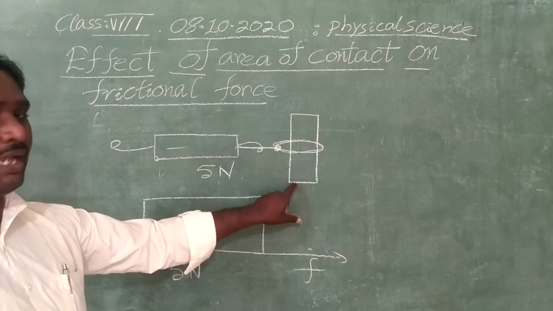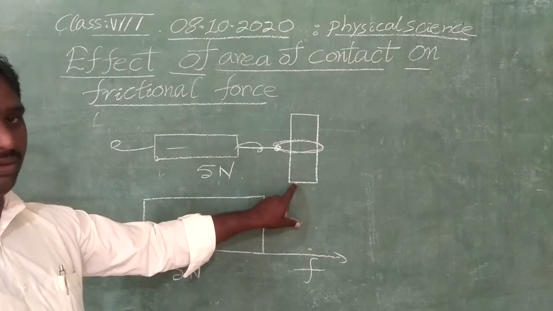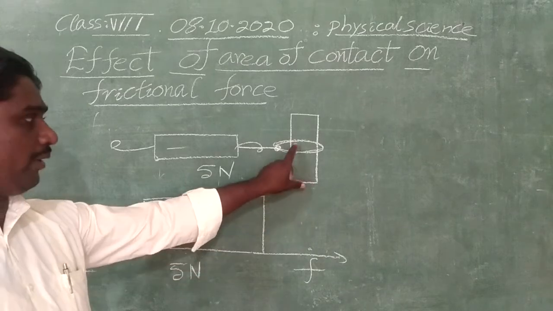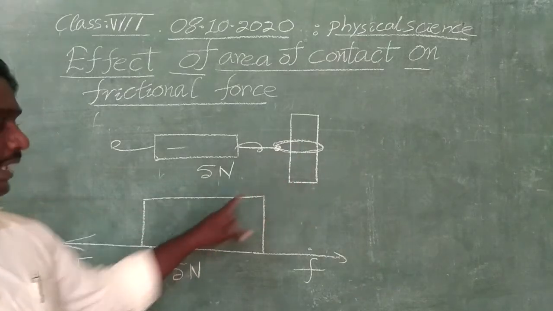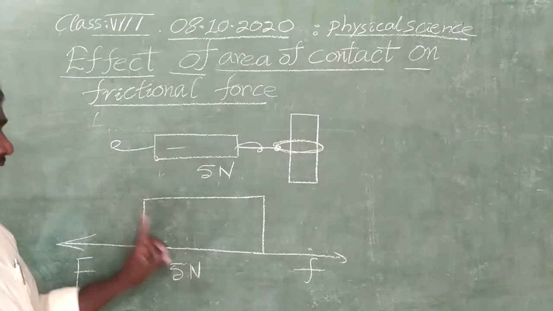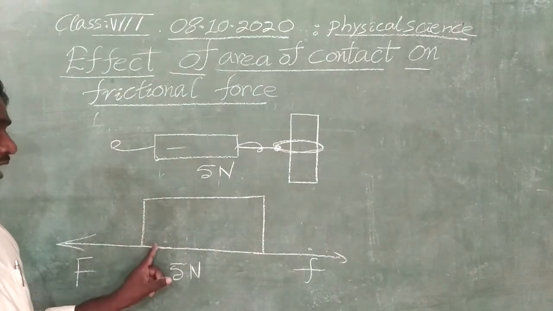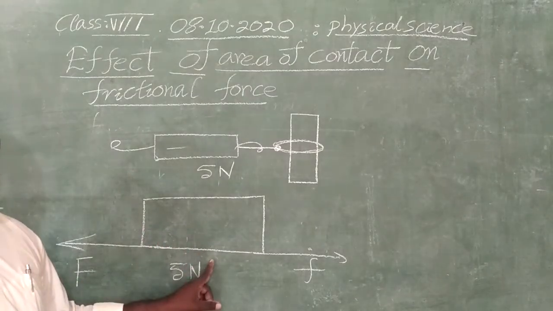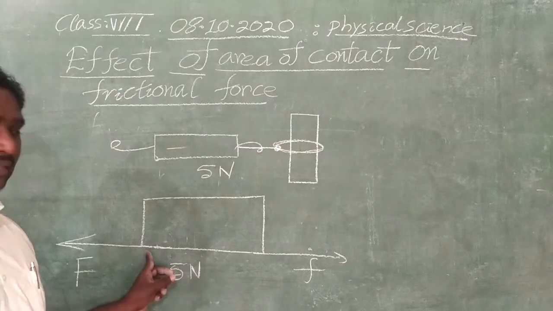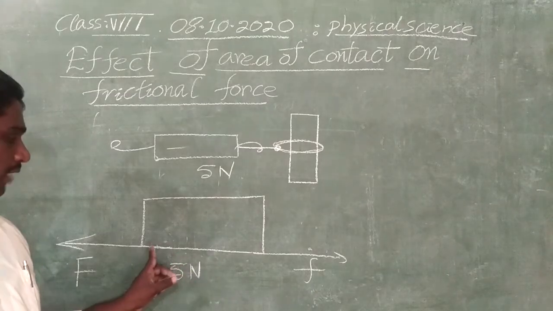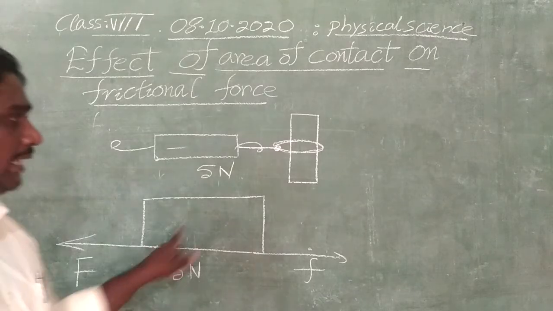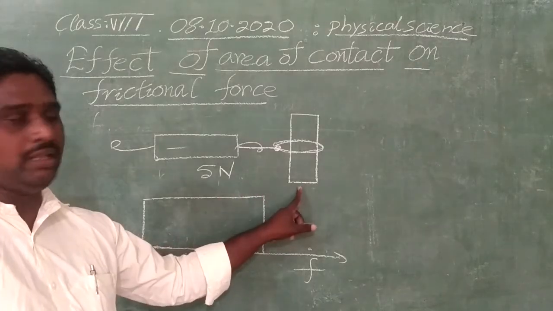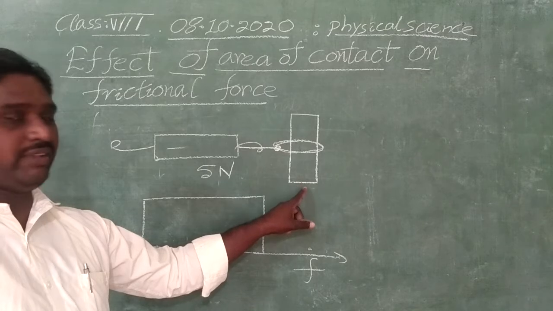Here the contact area on the floor is very small. In the case of the horizontal position, the area of the wooden block on the floor is maximum, but in the vertical position, the contact area of the wooden block is very small.